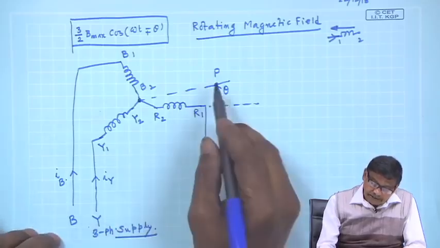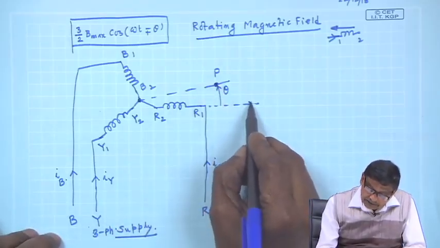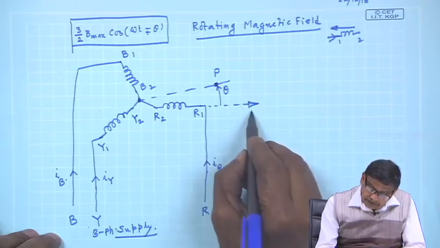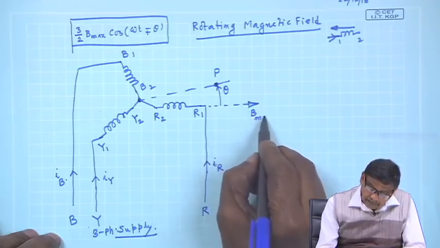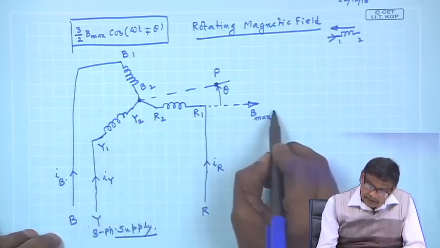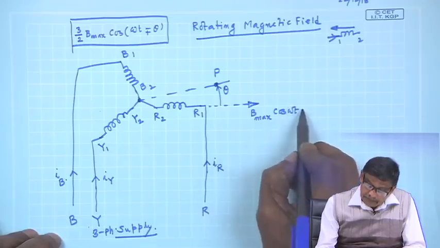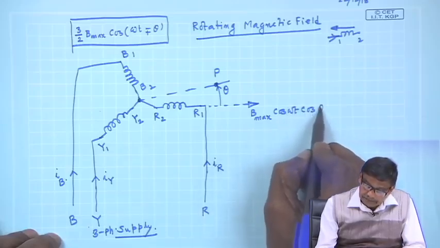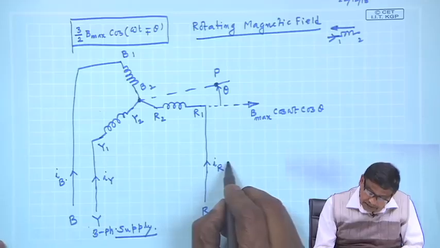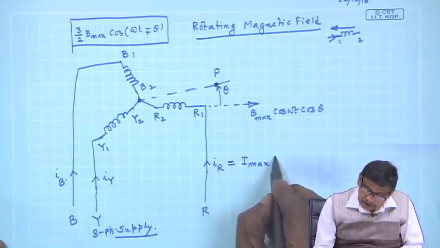As you can see, the field at point P is B max cosine omega t and cosine theta, assuming that I R is equal to I max cosine omega t.